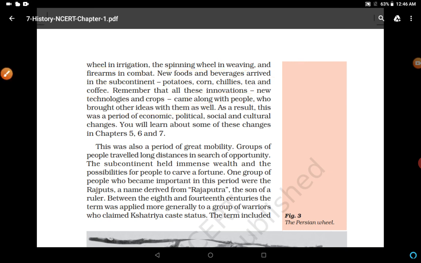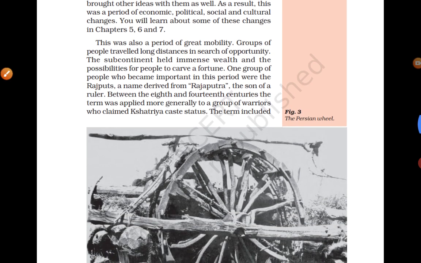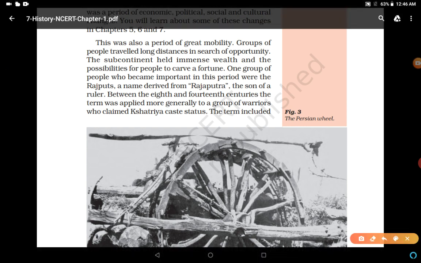This was also a period of great mobility. As we are discussing mobility, that is movement of people, groups of people traveled long distances in search of opportunity. What kind of opportunity? Because the subcontinent held immense wealth, right? The people had faith and hope that their luck would change, and there were possibilities for people to carve out a fortune like this.